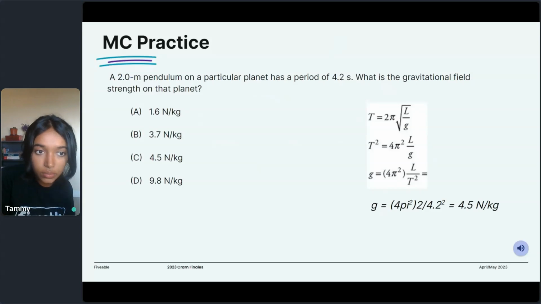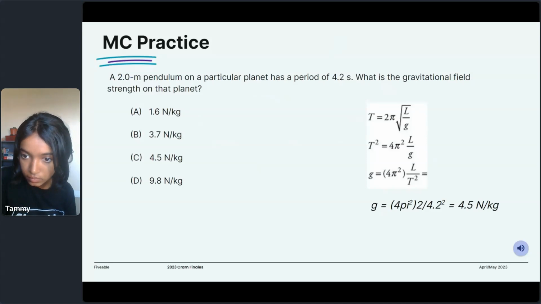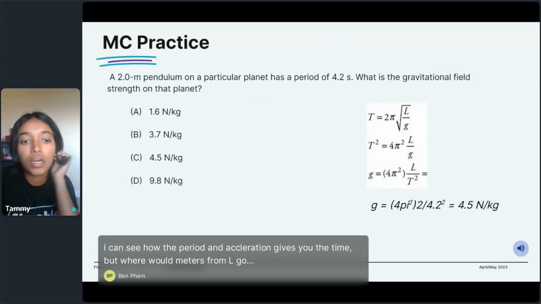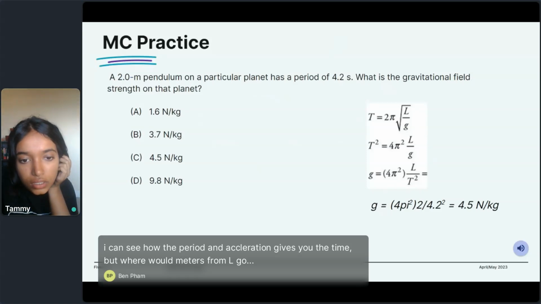Okay, are we ready to move on to our next question? See how the period and acceleration time. But where would meters from L go? There's more questions about the units, correct?